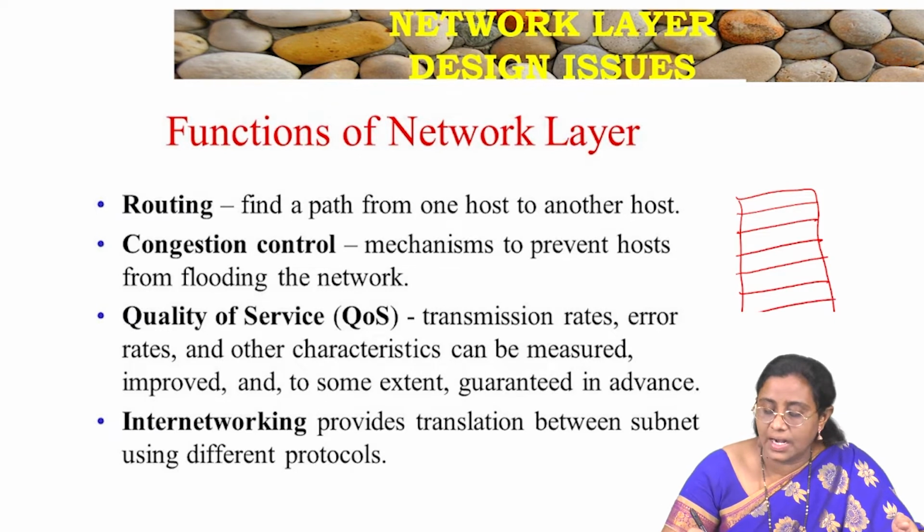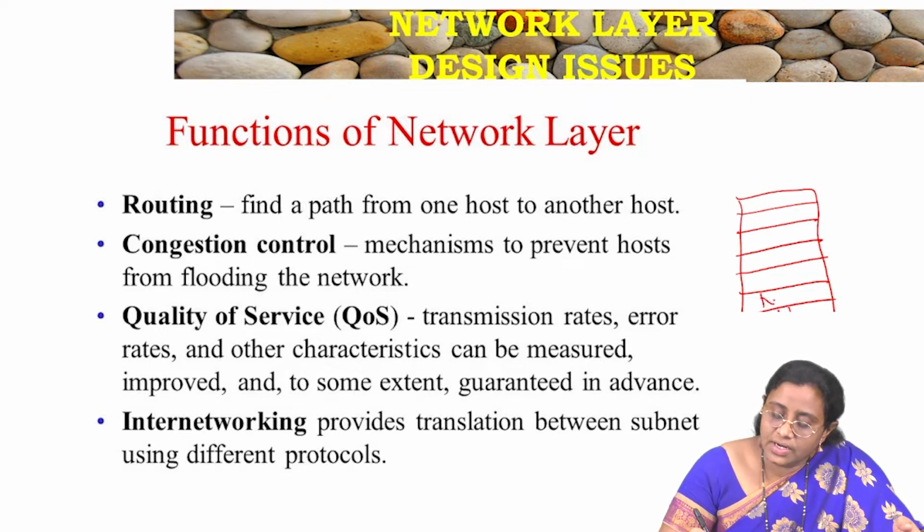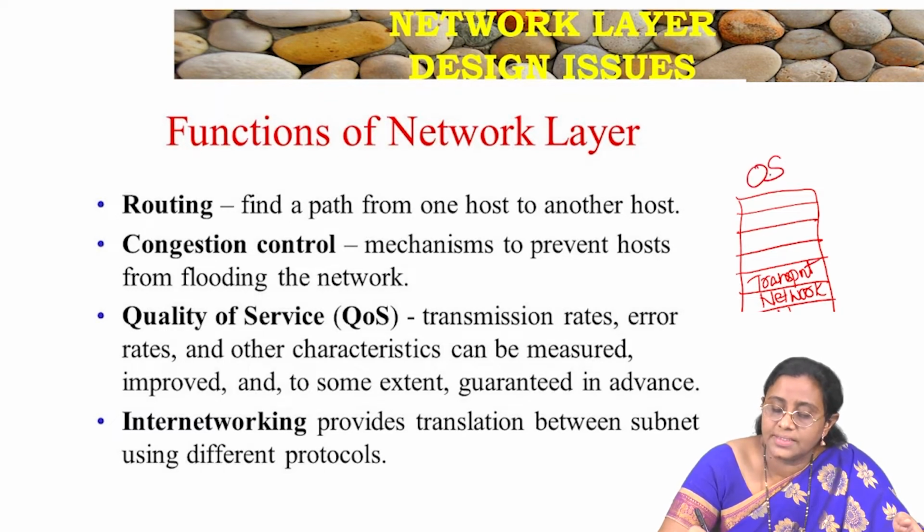Out of this, the last one is the physical layer. Above it is the data link layer. After that is the network layer. And above it is the transport layer. So these are the layers present in the OSI reference model.